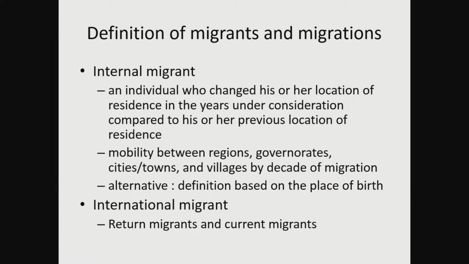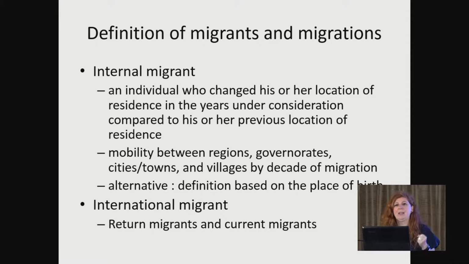So first of all, a few definitions. When we look at internal migrants in the literature, we usually look at individuals who changed their location between the place of birth and the current location. But then, using the retrospective data in the ELMPS, we define as internal migrants all the individuals who changed their location of residence compared to the previous location of residence in the previous waves.